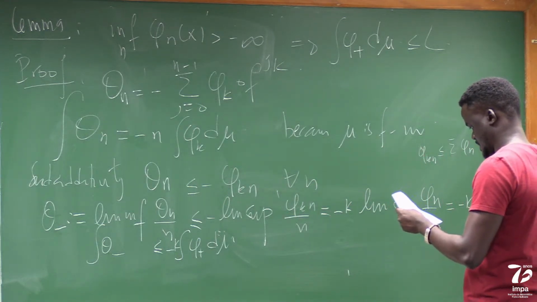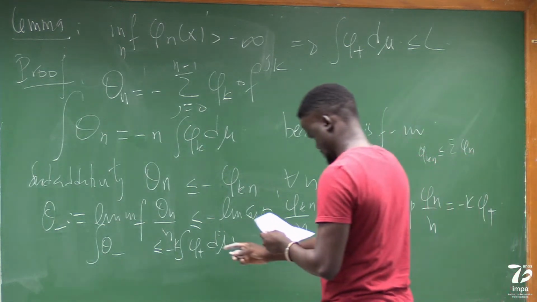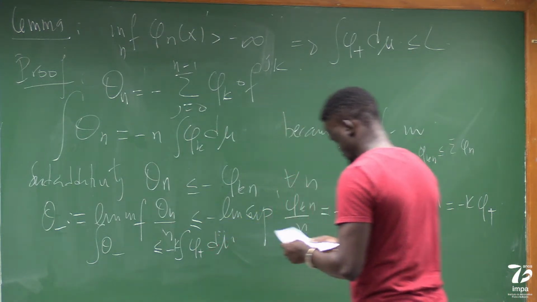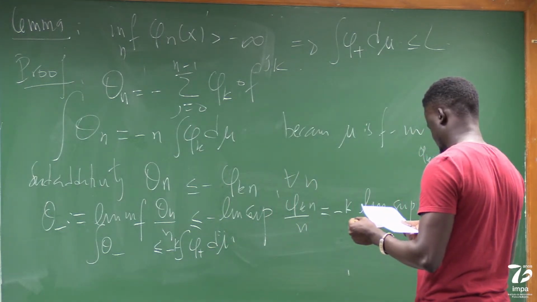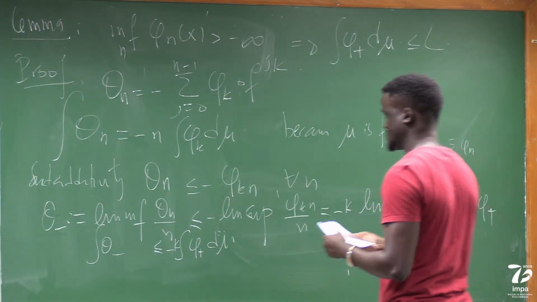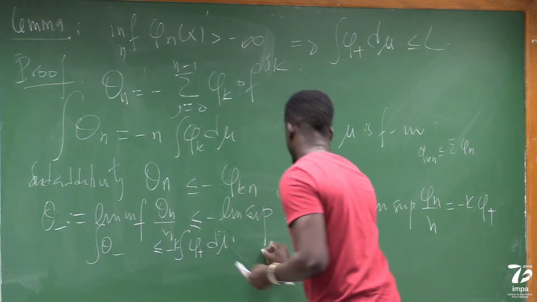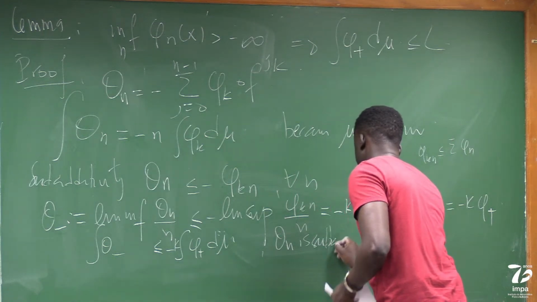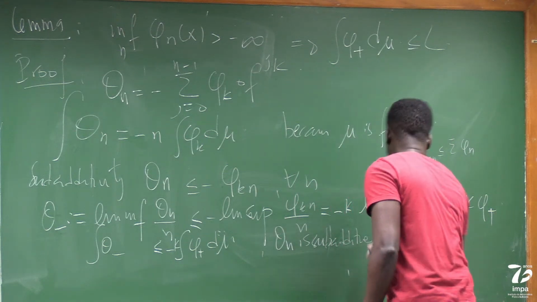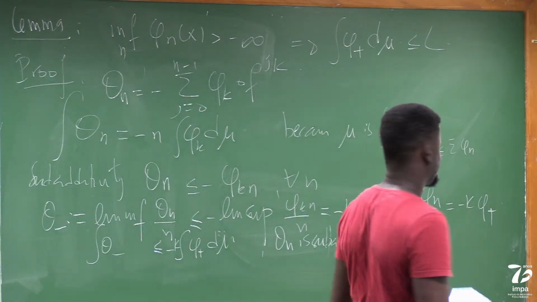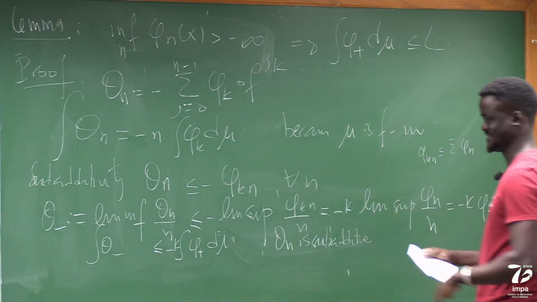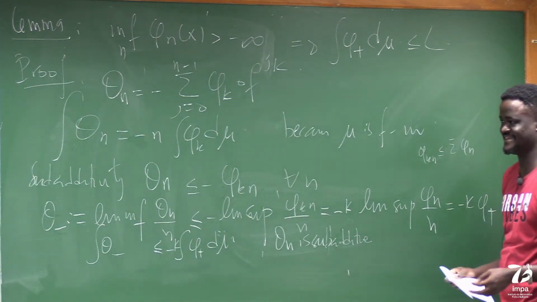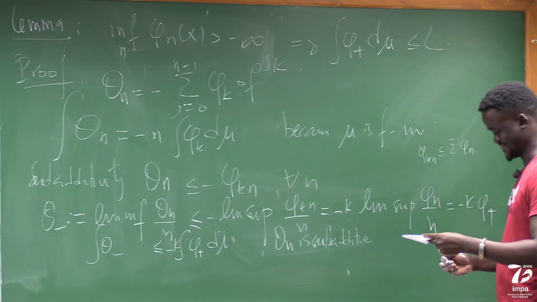Here you need to use the fact that this sequence is sub-additive again, so theta n is sub-additive. I'm sorry, I'm going a little bit fast because I don't want to come back to this proof next lecture. I just want to finish it now because I'm not sure I will remember next lecture what we have been doing here.